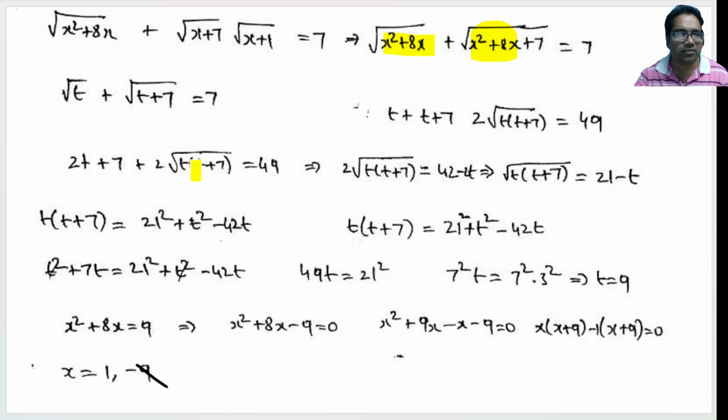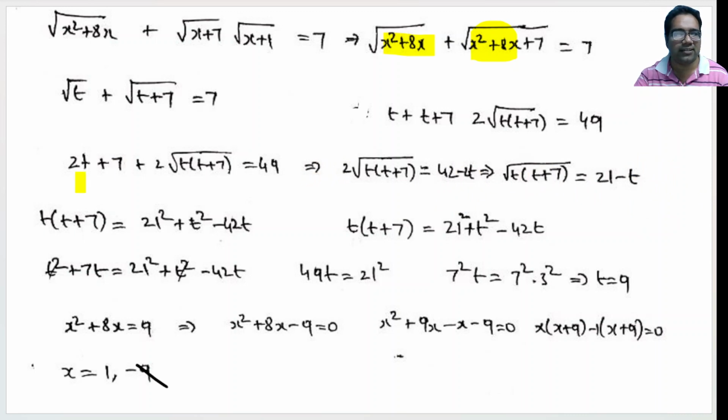That means 2 under root t into t plus 7 becomes 49 minus 7, which is 42, minus 2t. We still have another square root, so let's square this again. Square root of t into t plus 7 equals 42 minus 2t by 2, which becomes 21 minus t.